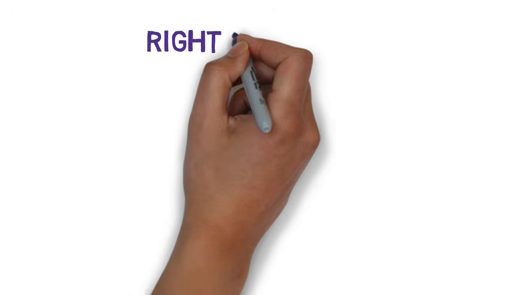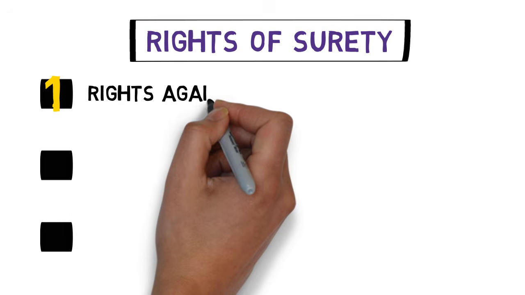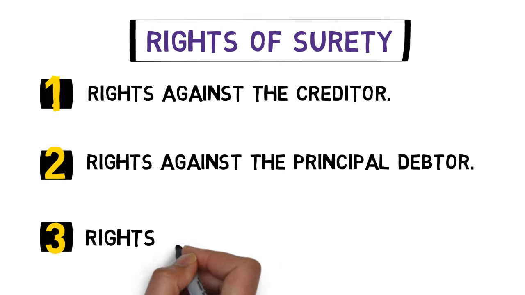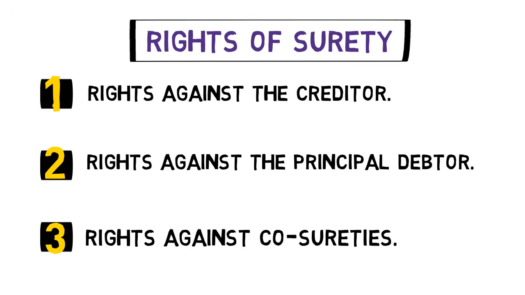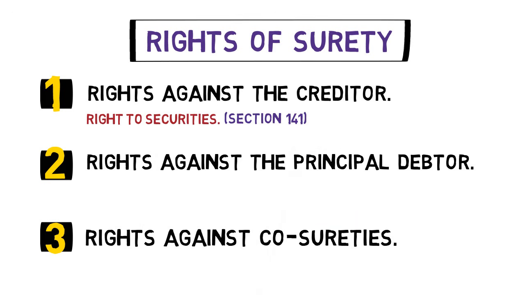In this video we will see rights of surety. Basically, rights of surety can be seen under three heads: rights against the creditor, rights against the principal debtor, and rights against co-sureties. Right against creditor includes right to securities that is given under section 141.